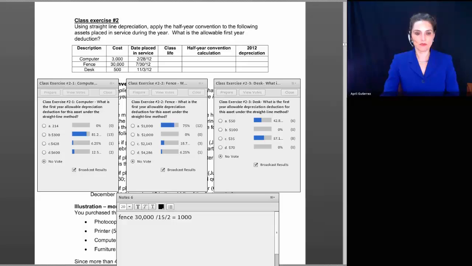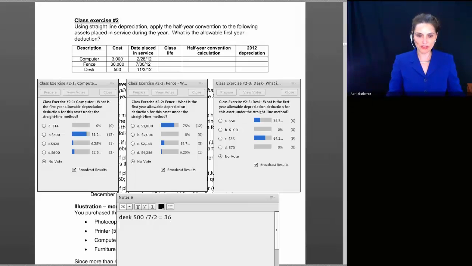And the desk, of course, costs $500. And what is the depreciable life of a desk? 7 years. So the formula is going to be $500 divided by 7 years divided by 2. And when we do that, the correct answer is $36.